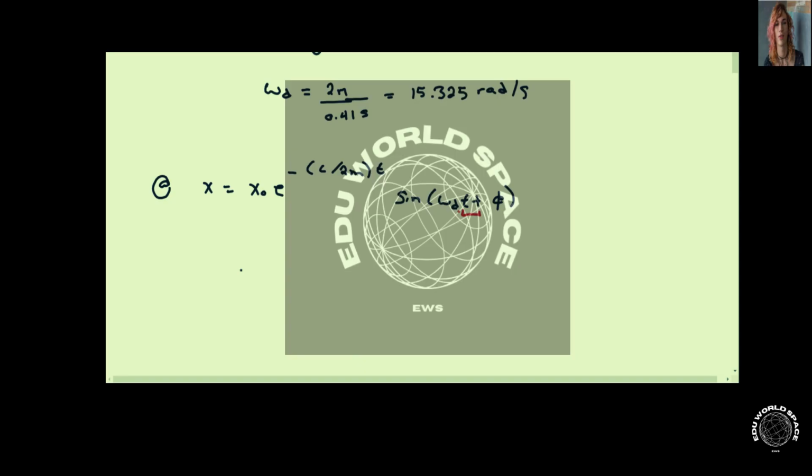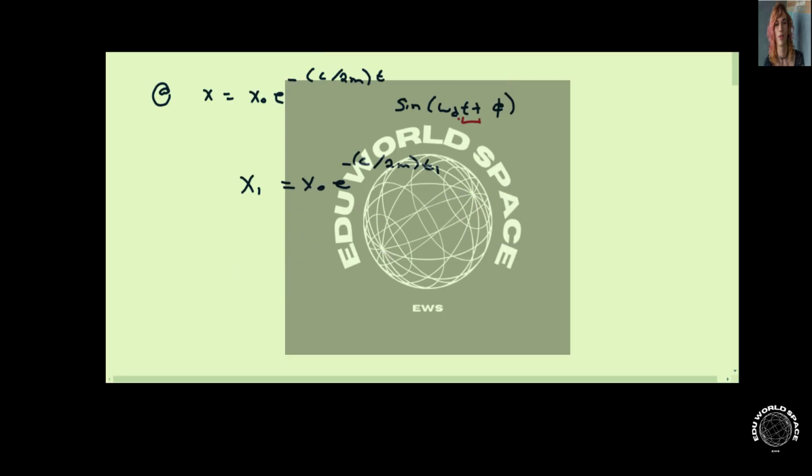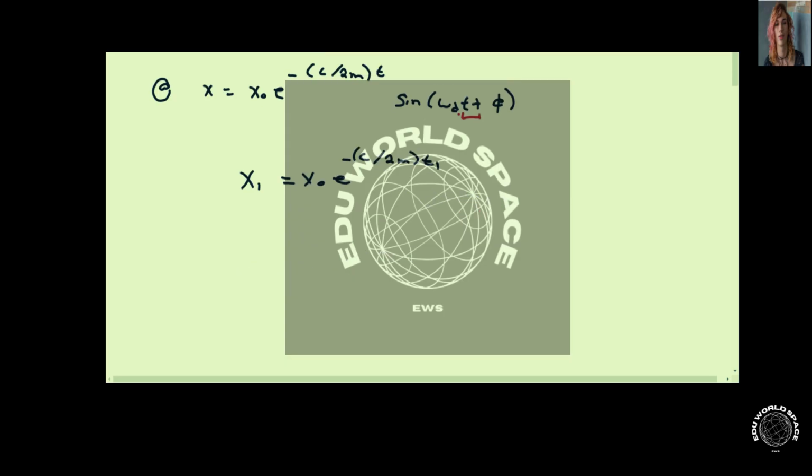So here we're going to look at x1 equals x naught e to the minus c over 2m t1. This is the first peak, which is basically at x initial.